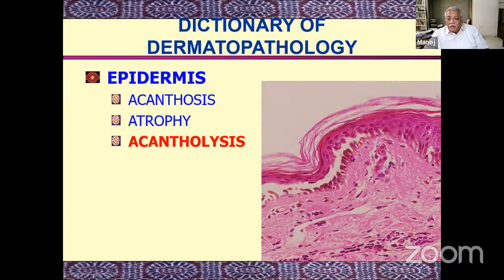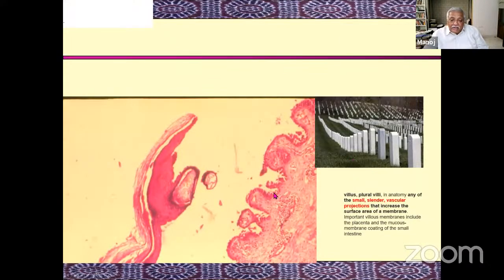So you have cells, individual cells standing in rows, a row of tombstones. They are attached at the lower part, separated in the rest of the thing. So this row of tombstones is a characteristic appearance of this.